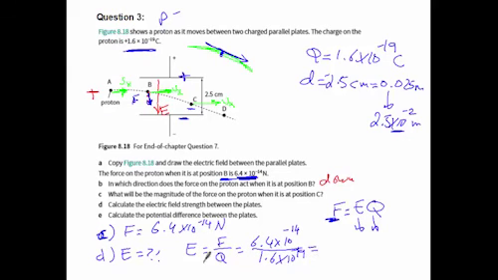This will give us the electric field strength, which is 4 times 10 to the 5 newton per coulomb.